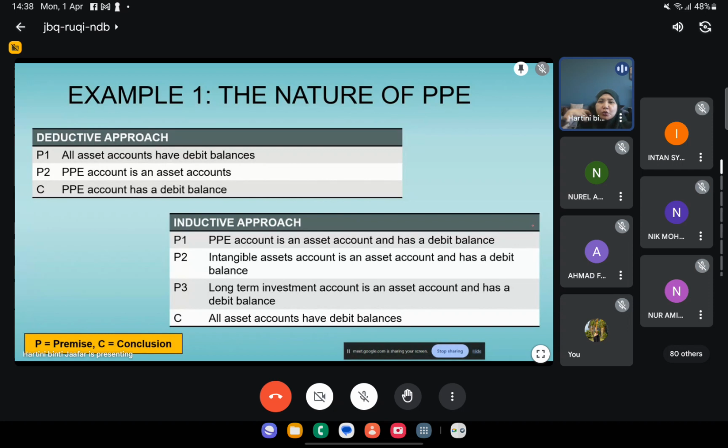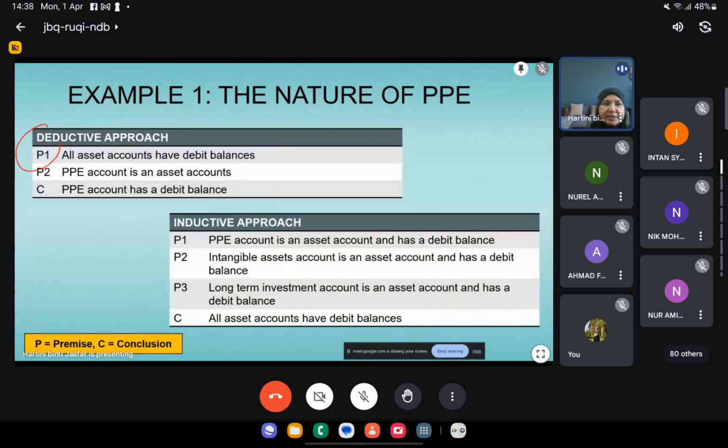So ini contohnya daripada buku mana saya ambil, saya tak ingat lah. Contoh in accounting, okay, an example, if we were to look at the nature of PPE, okay, so deductive approach tadi macam dalam video tadi kan, we start with our premise, which is all asset accounts have debit balance.